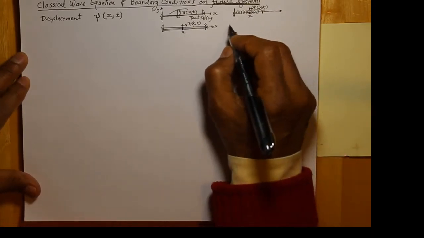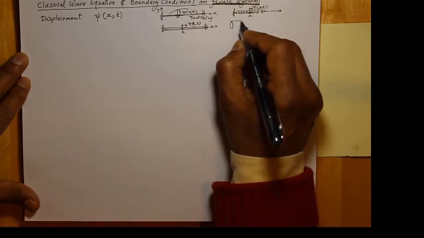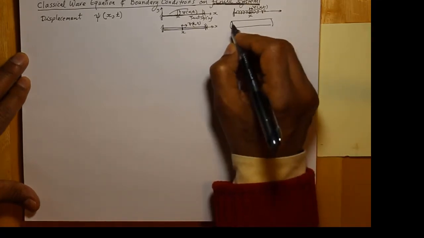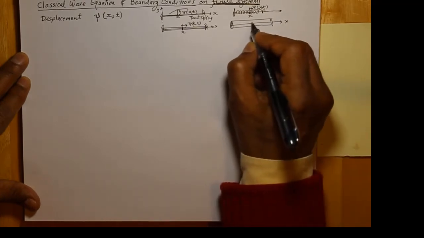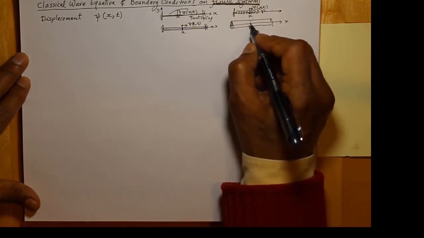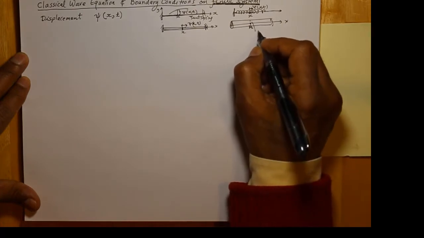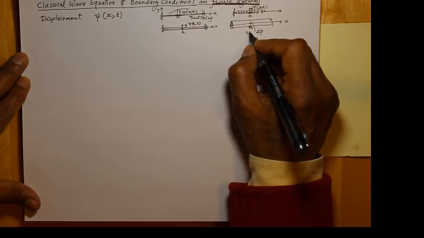In a tube, you have a tube filled with air, maybe with both ends closed, so you have x. We will say at that location, what's the pressure from the ambient pressure? That will be psi of x, t.